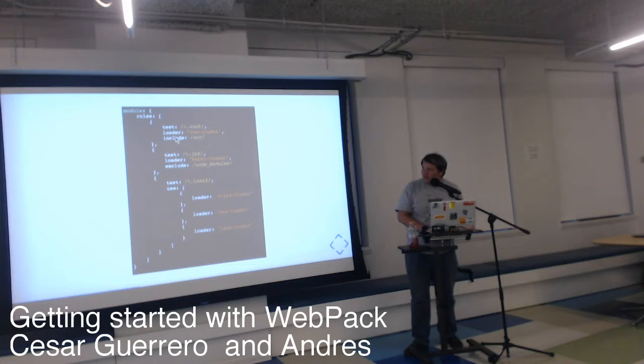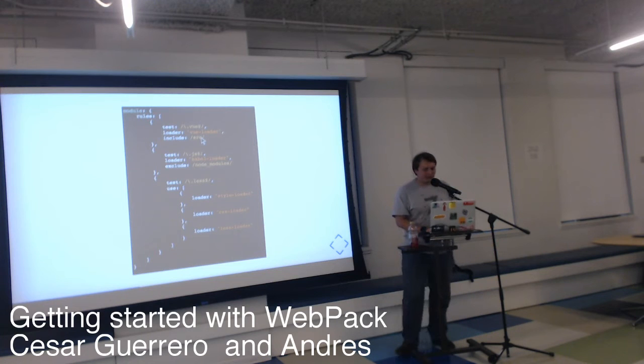And those files are going to include just the files that are in the src folder. You can specify if you want to include some folder or you want to exclude some folder.